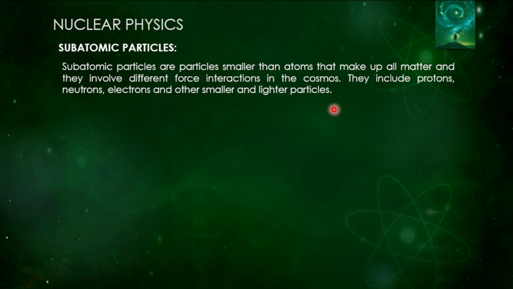This was discovered by smashing particles such as protons against each other in the LHC, the Large Hadron Collider at CERN. By smashing these two particles, we noticed that there are even smaller particles making up these two. This is what's interesting about subatomic physics.